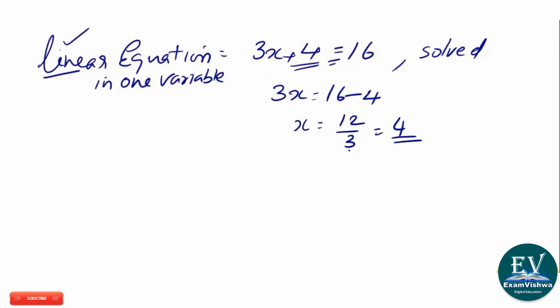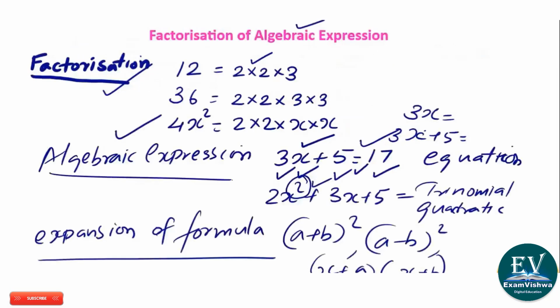One thing is clear to you: factorize means you will have that in product form. Algebraic expression means you will have alphabets in the place of numbers. And the expansion of formula came over here because there we could find what we call a product.